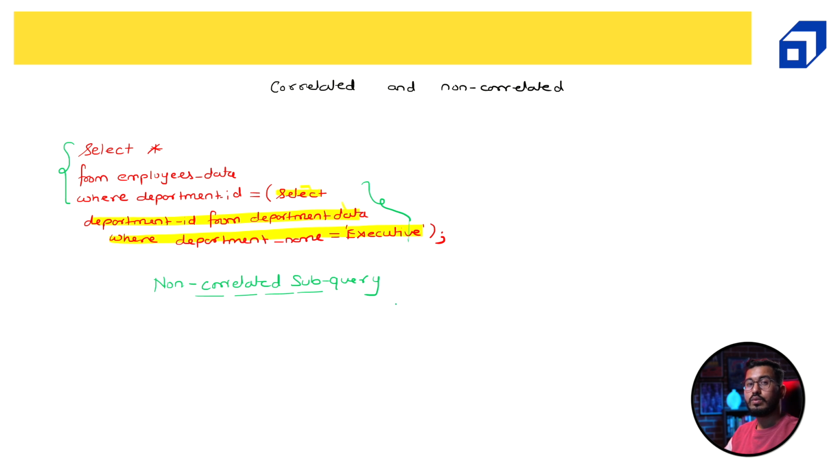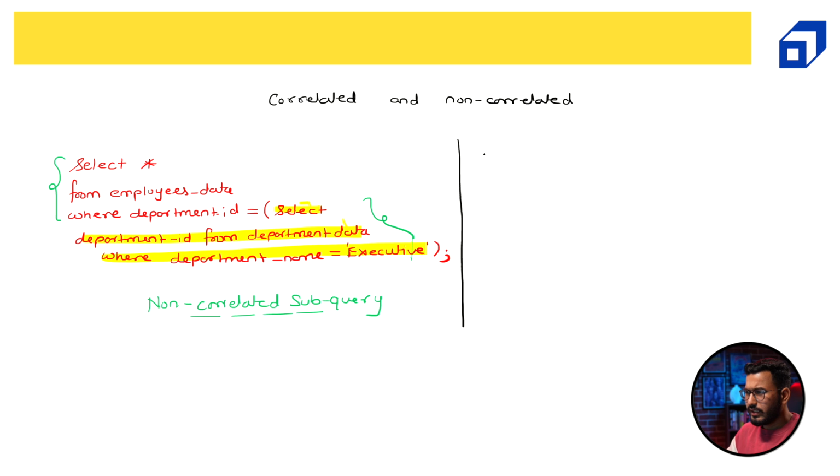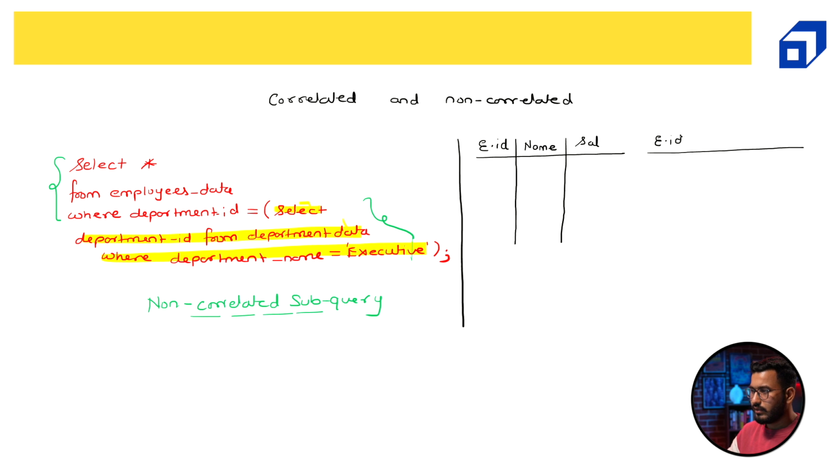Now let's understand correlated subquery. In order to understand correlated subquery, I will be required to create a dummy table, which has three fields: employee ID, name, and salary. I'll create the same table two times because we have to compare the values.